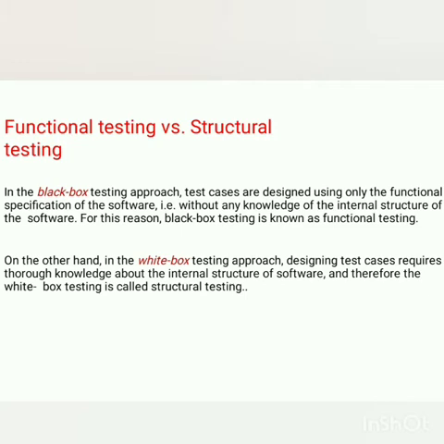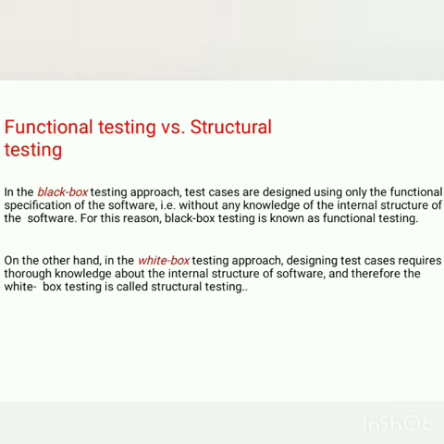Functional testing versus structural testing. Before we go to the differences, first we look at what functional testing is. Functional testing addresses the overall behavior of the program by testing transaction flows, input validation, and functional completeness.